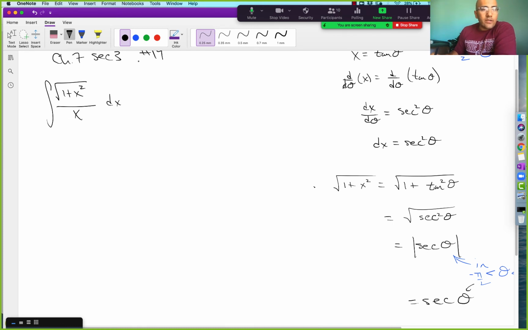We're ready to completely substitute. The numerator becomes secant of theta, the denominator is tangent of theta, and the dx is secant squared theta d theta.